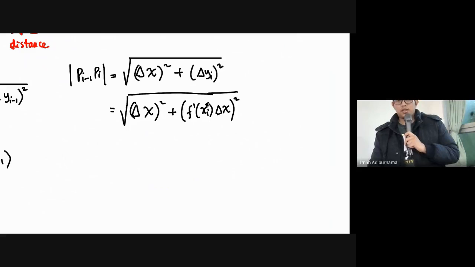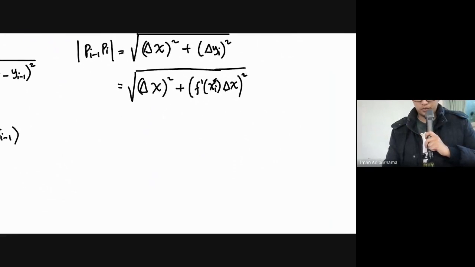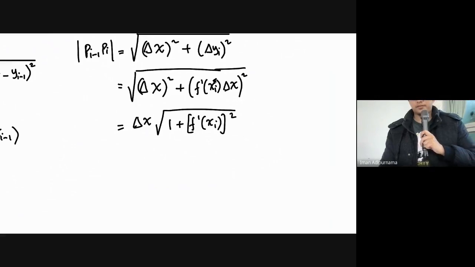And then I can factorize the delta x, and then we have 1 plus the tangent, squared.